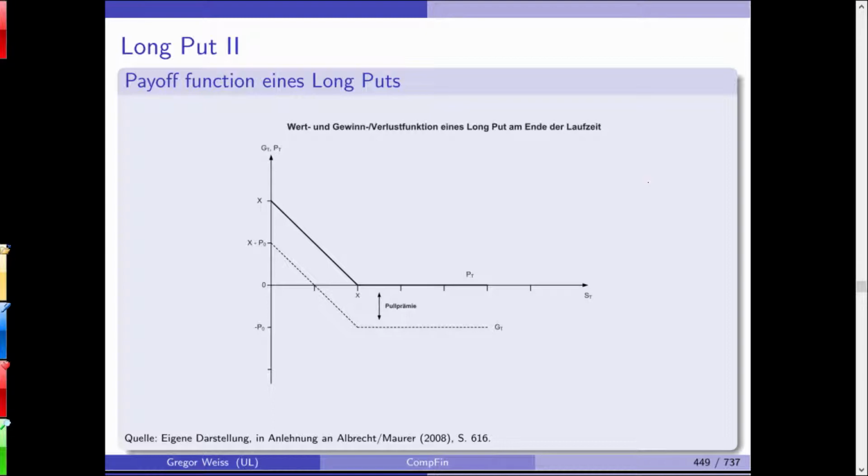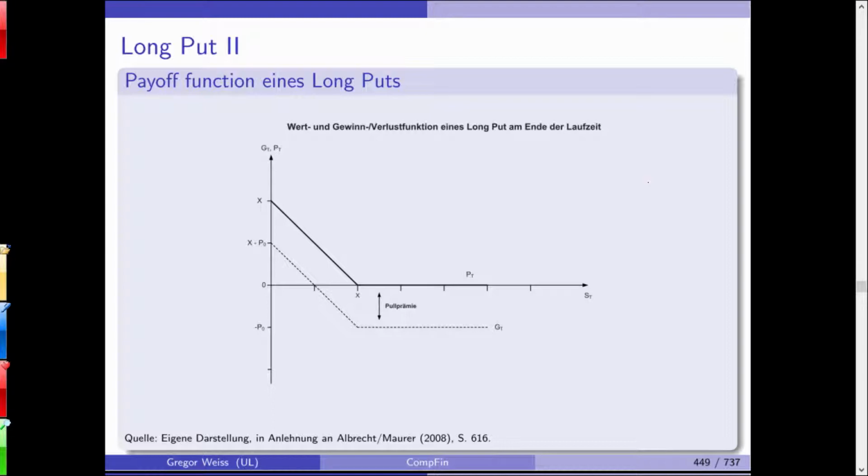We'll make a profit if the market price goes down, because we can sell at X and replenish our supply at the spot price. The spot price here, for example, would be zero, and then this would be our payoff. We need to pay the price for the option, and this will reduce our payoff, and then this would be our maximum profit, or we'll make such a loss.